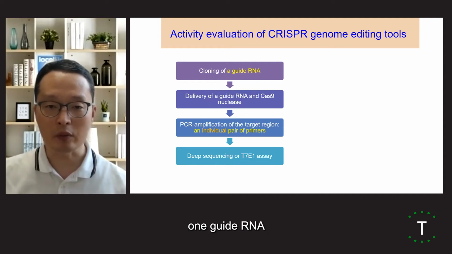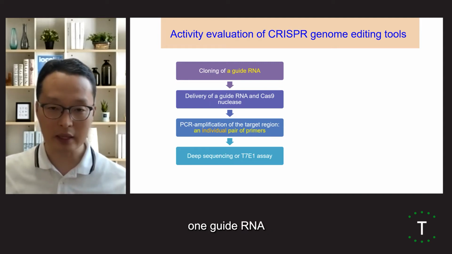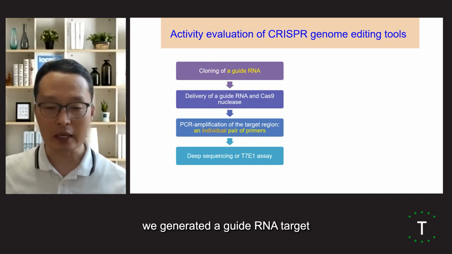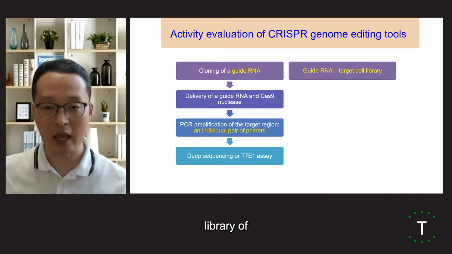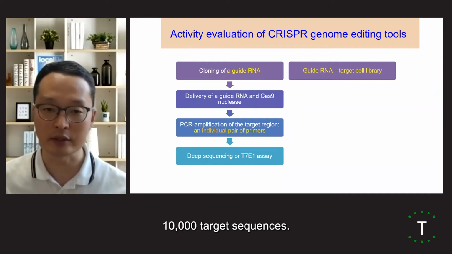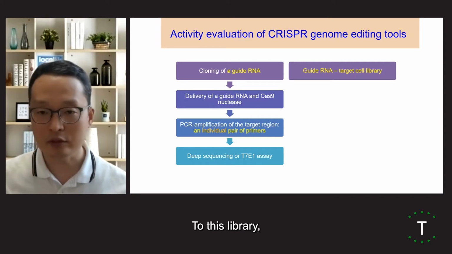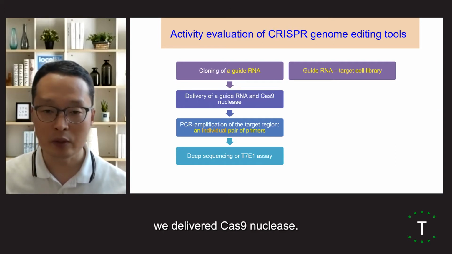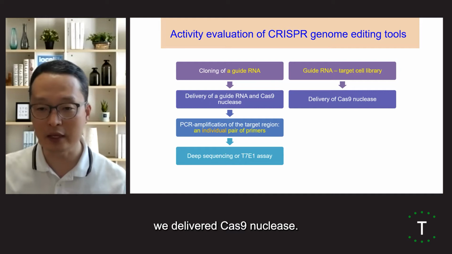Instead of cloning one guide RNA encoding plasmid, we generated a guide RNA target library of 10,000 target sequences. To this library, we delivered Cas9 nuclease.